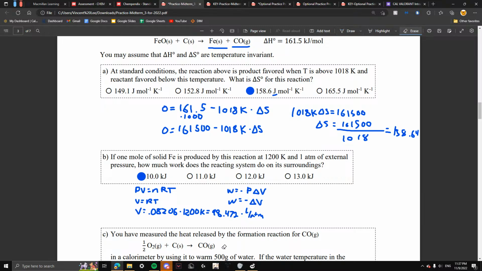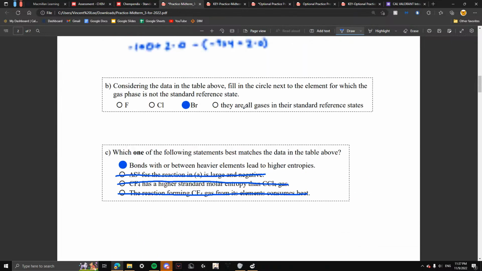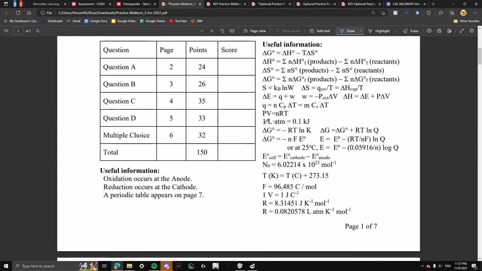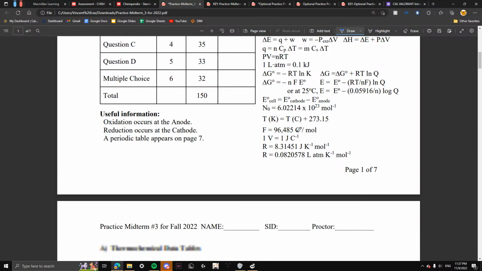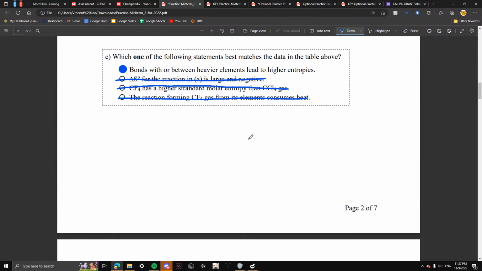Shit, Control Z doesn't work. So to convert this from, I really need to be able to scroll through this. Yeah, liter atmospheres to kilojoules. We're going to have to change the units.